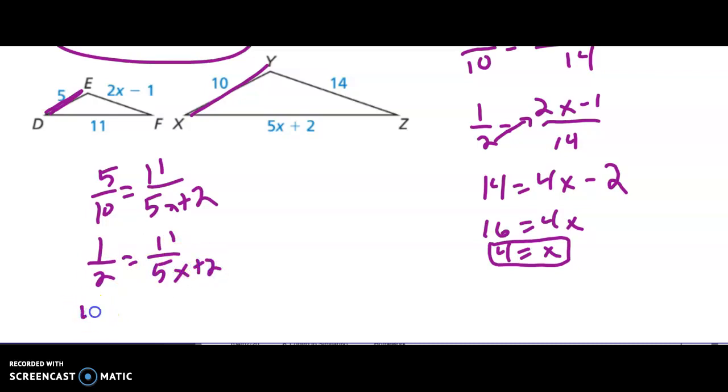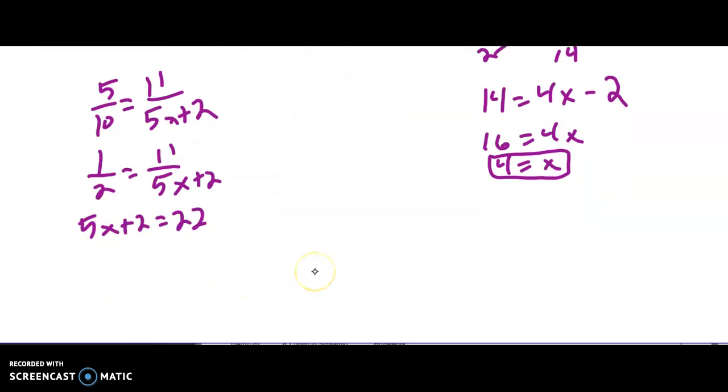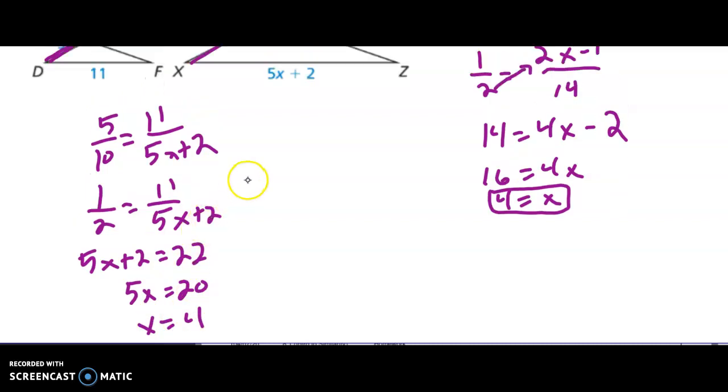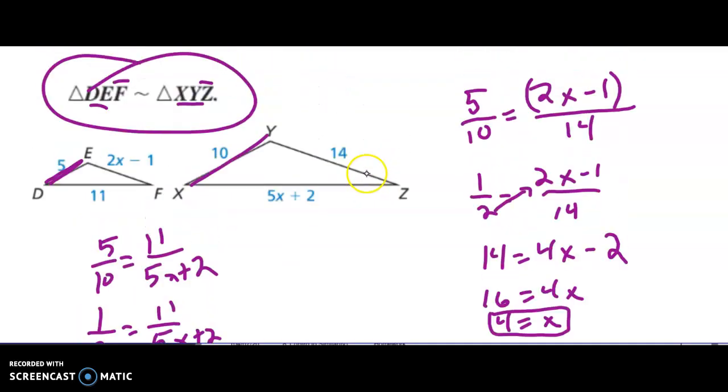And then that gets me 5x plus 2 equal to 22. Subtract the 2. Get 5x equals 20. Gives me x equals 4. So either way we do it, we get the same value. The problem is it only has one x, and so you don't have to worry about it. But yeah, that's what you guys are looking through.